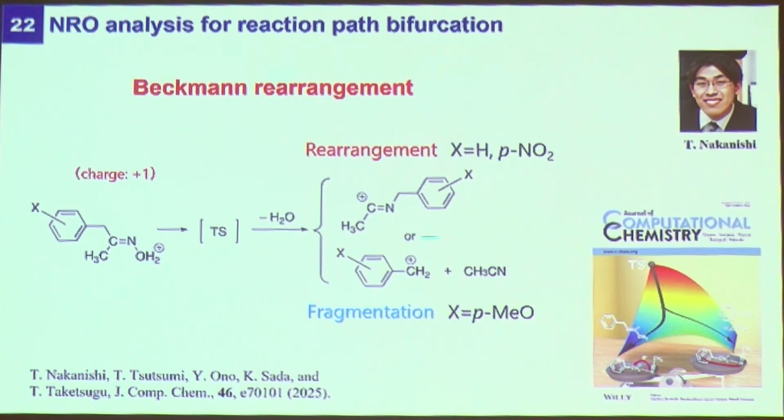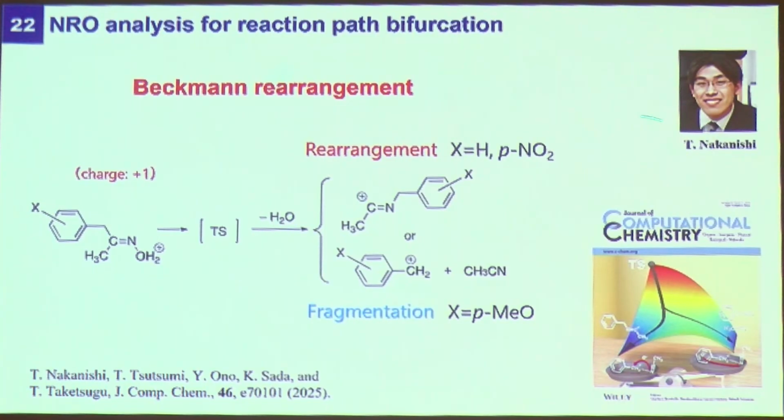Then for the product, there are two different products. This is rearrangement, so this benzene ring moves from carbon to nitrogen. The other is this CH2CN part fragment dissociating. So fragmentation.